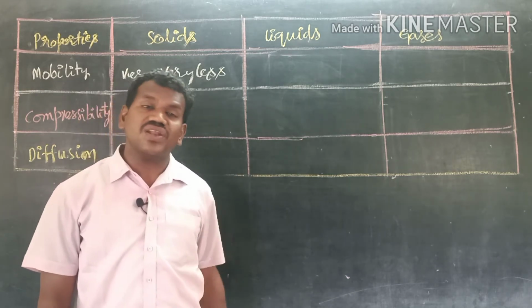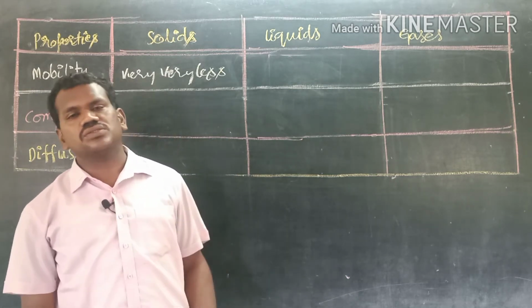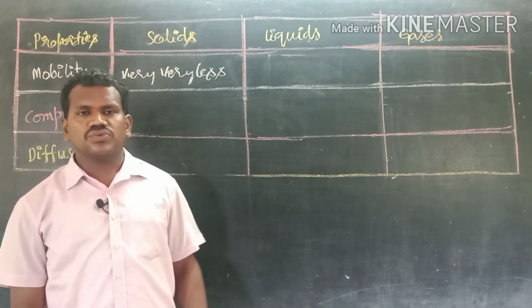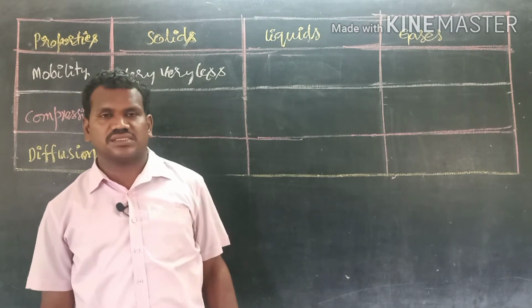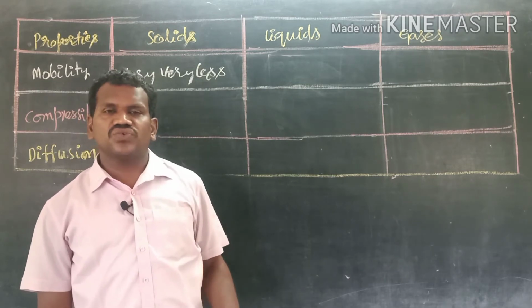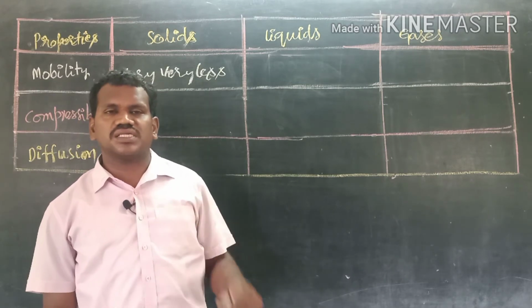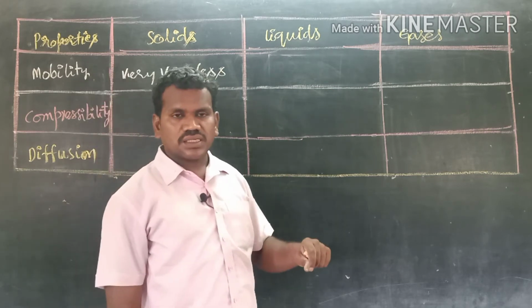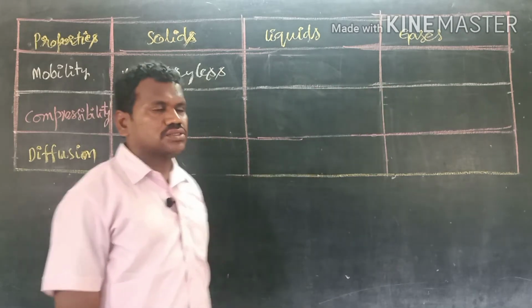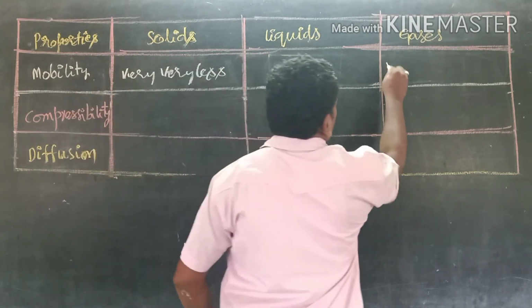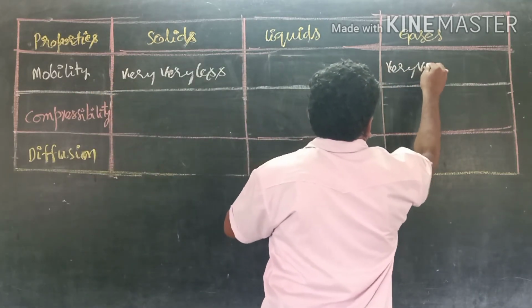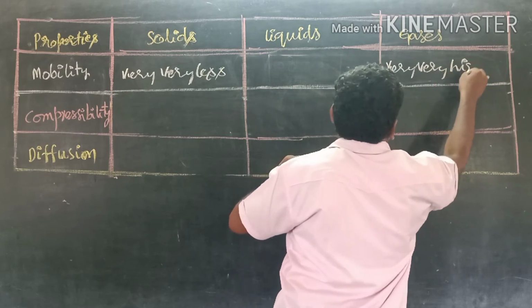Because gases also flow from one place to another place. So we can say that liquids and gases are called fluids. The substances which flow are called fluids. But in fluidity also, the mobility of gases is very, very high.